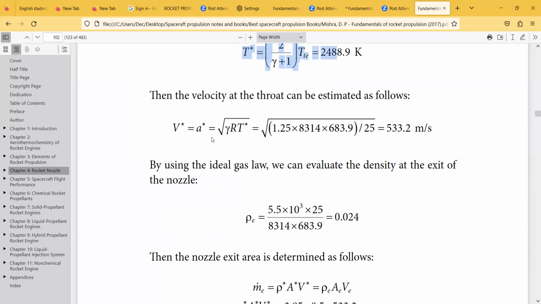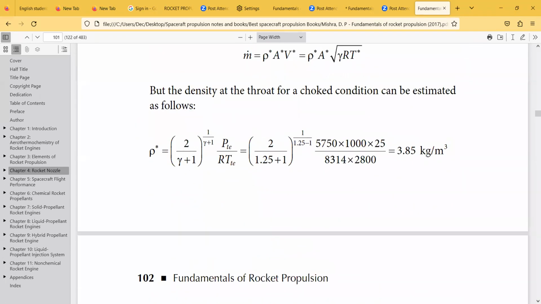Another, the velocity at the throat can be estimated simply, similar to A star, as the square root of gamma R T, so you can use gamma times R times temperature at the throat. That gives you 533.2 meters per second. This is still a lower velocity compared with the higher velocity at the exit.